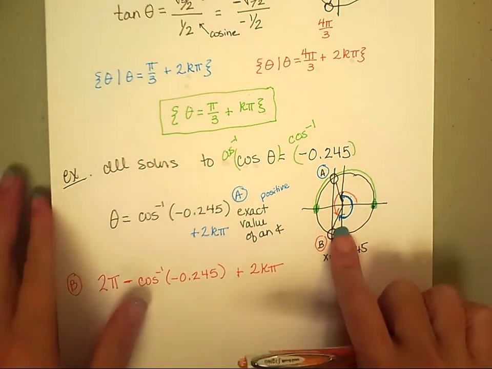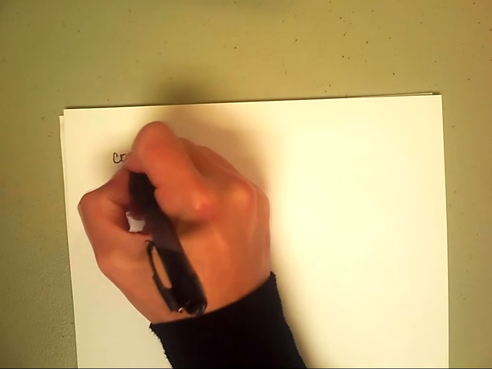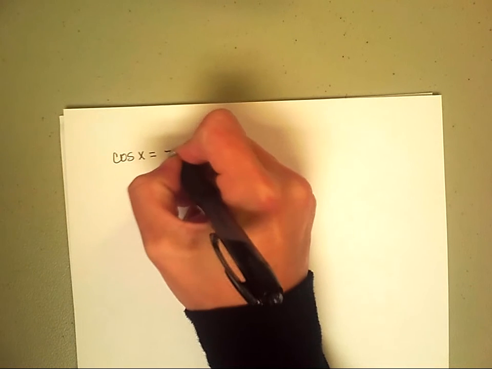Now just to go through this again, but in a way that we have seen before, I guess we could revisit our first example. Our first example was where the cosine of x is equal to negative square root of 2 over 2. Okay.